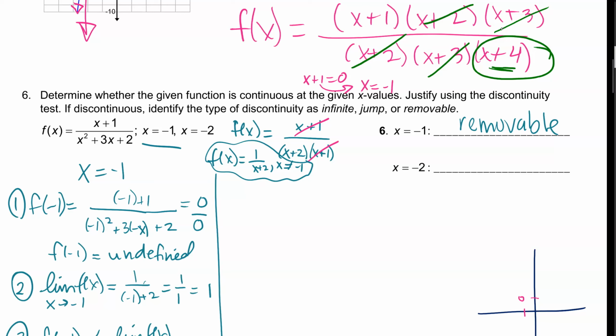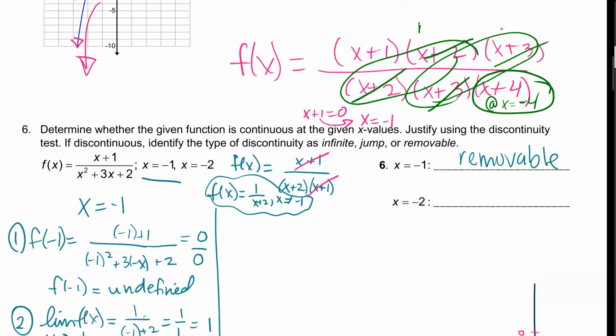So what would the solution be if I set x plus 4 equal to 0? At x equals -4, it's an infinite, because if it doesn't cancel and I plug in -4, I would be dividing by 0. When you're dividing by 0, infinite discontinuity. But because I have these factors that do cancel, that's where your removable occur. So I'd have removable at -2 and at -3.